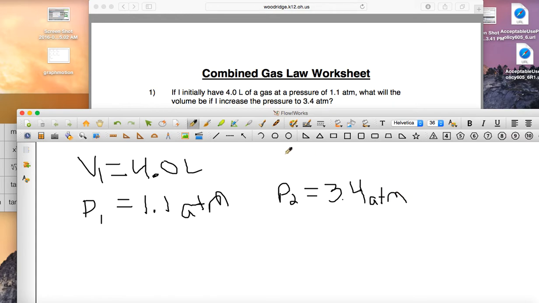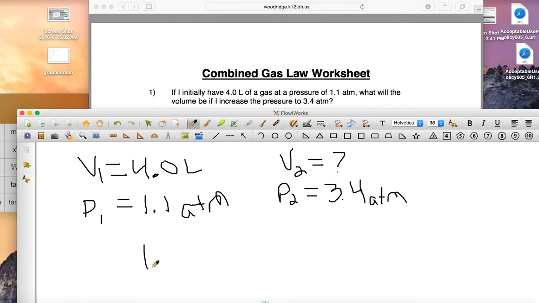All right, so I'm looking for V2. Now, setting stuff up like this may seem like a waste of time, but it tells us what formula we're using, because without it, we don't know. Notice in here we haven't talked about temperature, so that means it's constant. So we're looking at Boyle's law, where we know P1 V1 equals P2 V2.